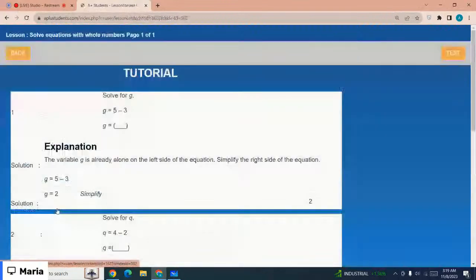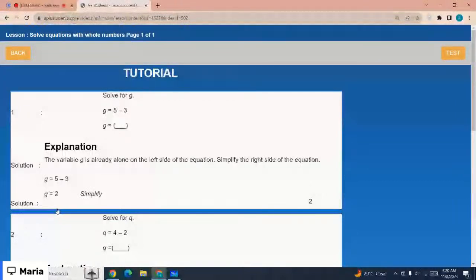Okay, so solve for g equals 5 minus 3, right? So you already see variable g is already on one side. On the other side you have 5 minus 3, so just evaluate 5 minus 3.